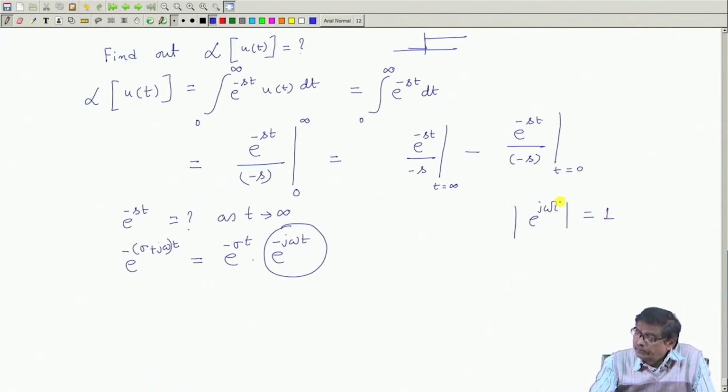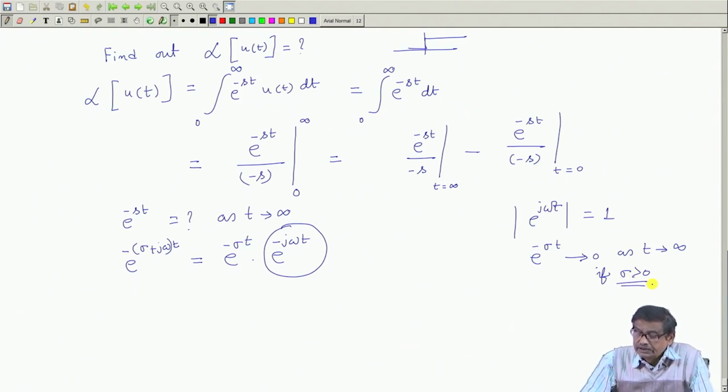Therefore, no matter what is the value of time, the magnitude of this portion is 1. Sigma is a real number, and if sigma is positive, then e to the power minus sigma t will tend to 0 as t tends to plus infinity if sigma is greater than 0, is not. That is what it means.